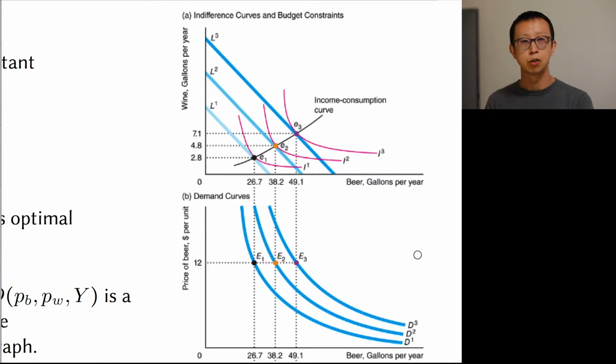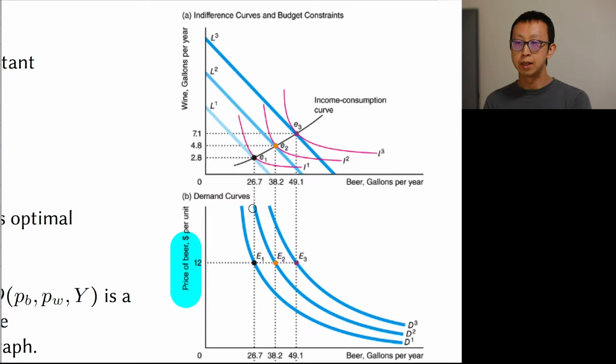Now let's say that the good we're interested in this example is beer. For demand curves, we plot its price on the vertical axis and the quantity on the horizontal axis, just like the first graph above. If you tell me the price of beer is $12, then as the budget increases, the quantity demanded for beer increases despite its price remaining unchanged.